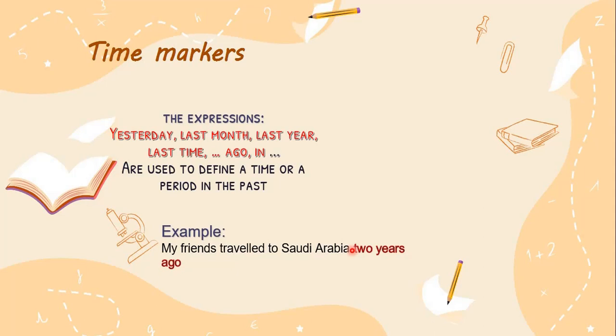We don't have the exact time here. When I say 2 years ago, I have referred to a specific time or date in the past. For example, now we are in 2022. When I say 2 years ago, my friends traveled to Saudi Arabia in 2020.